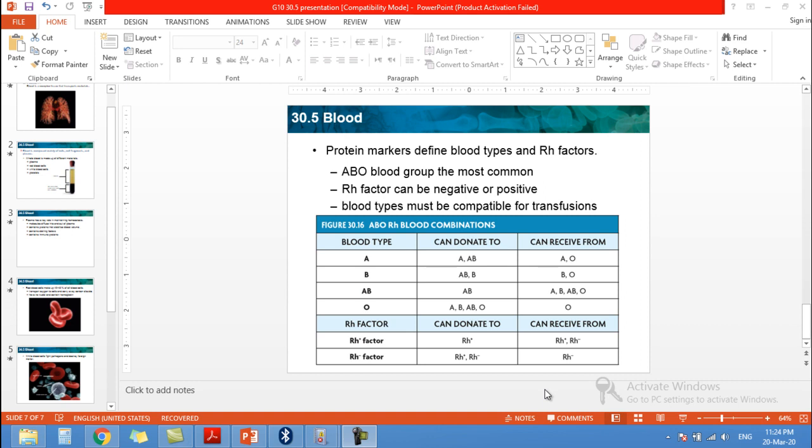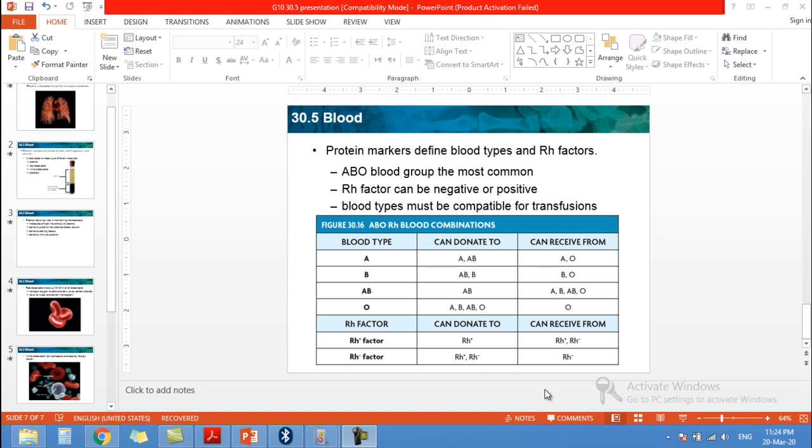Okay, when we talk about the blood groups, let's start from the red blood cells. The red blood cells have on their surface specialized protein markers. These protein markers are like the ID card you have. These proteins determine the blood type. So why is this important?